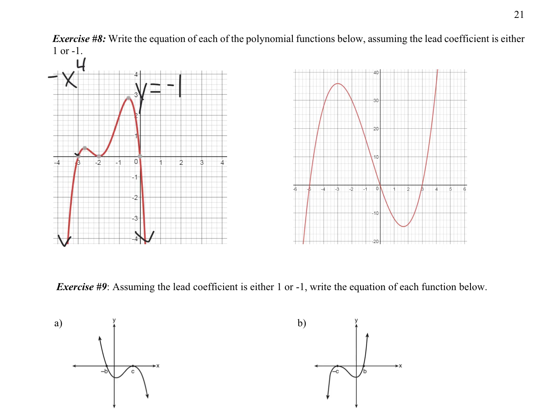I have a single root at negative 3, so that gives me a factor of x plus 3. I have a double root at negative 2, so that gives me x plus 2 squared, and I have a single root at 0. So I'm going to squeeze in here the x that would go with that single root at 0, and that's my equation. Whenever there's a root of 0, it gives us a factor of x minus 0, which becomes x, and we always kind of put that towards the front.